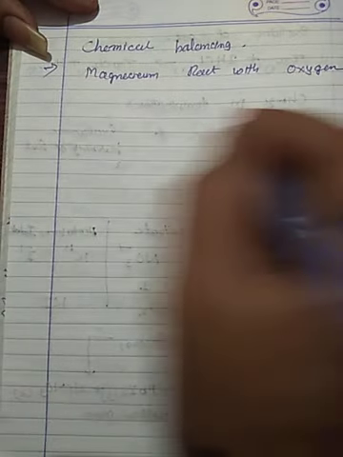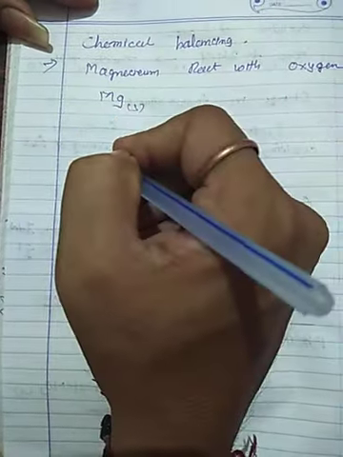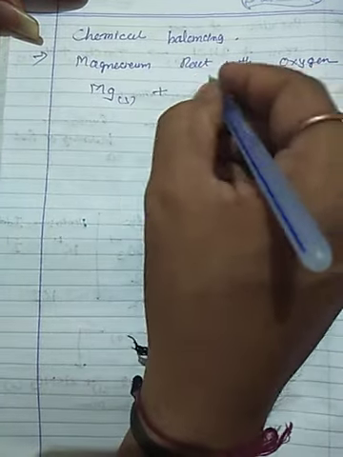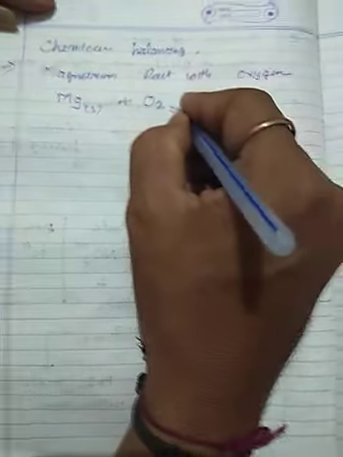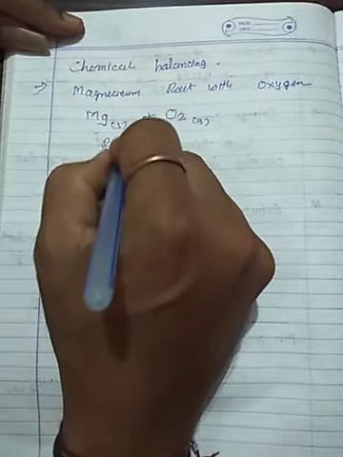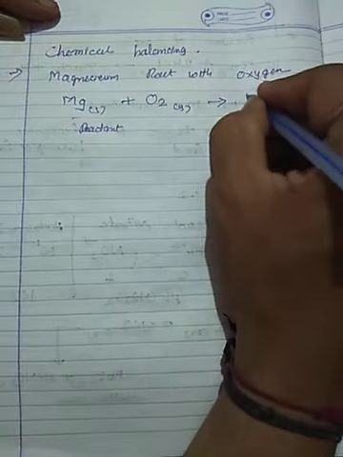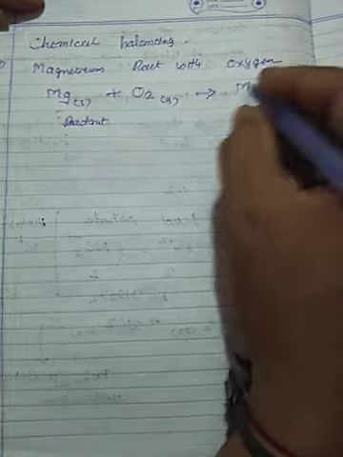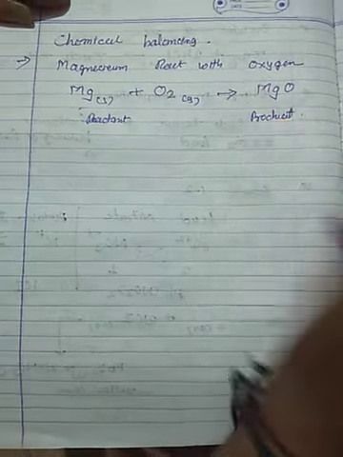Here we know the symbol of magnesium is Mg, and that is in solid form. Oxygen is a diatomic, O2, in gaseous form. So this is called the reactant. And the product we got, a combination of that, is called magnesium oxide.